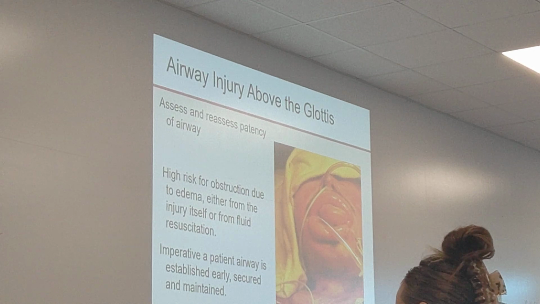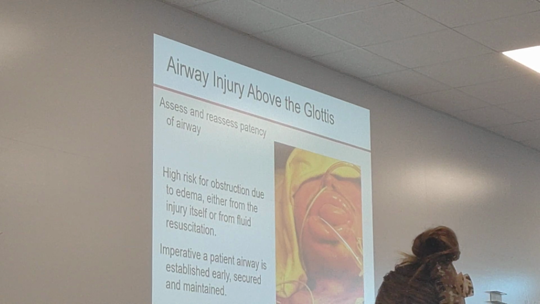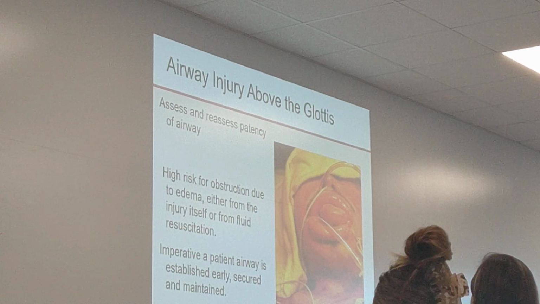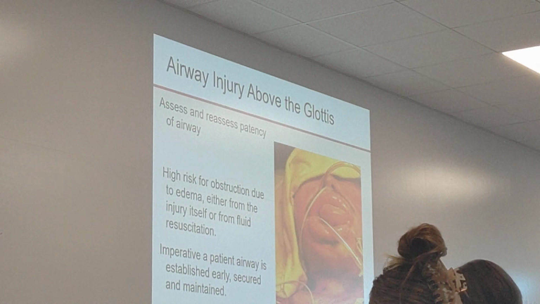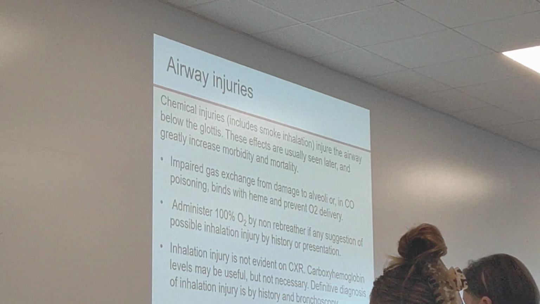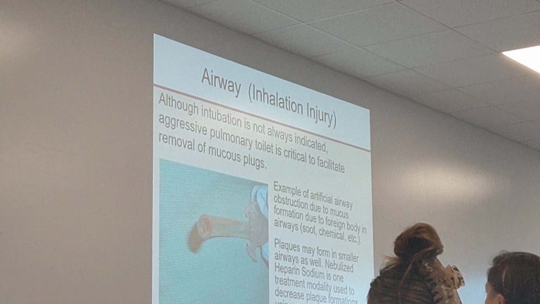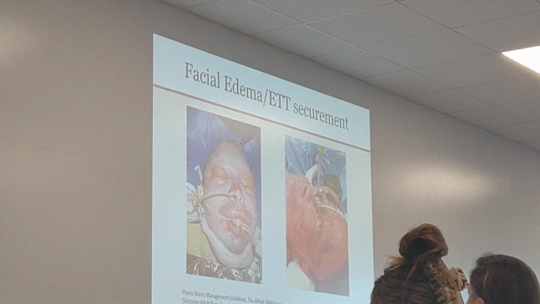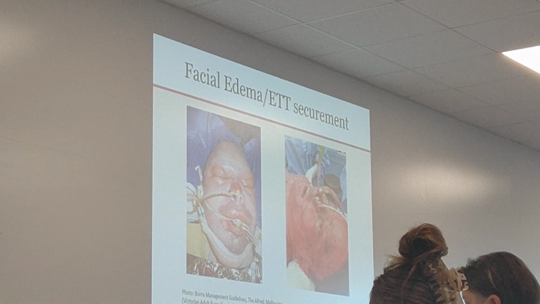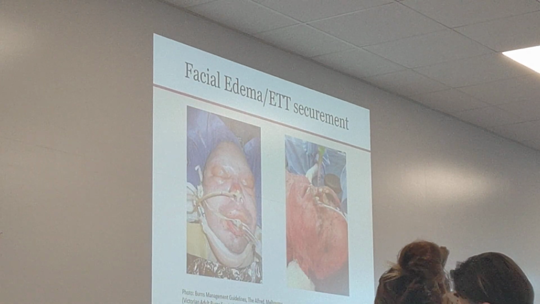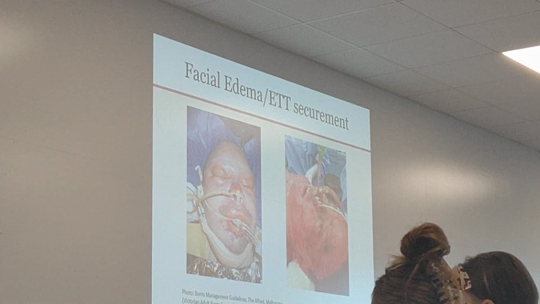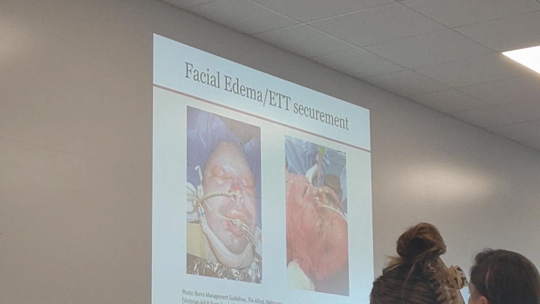So sometimes if they can't get a tube down their throat, then they're going to have to give them a trach temporarily. Like I said, it's kind of higher level for all of these. See the facial edema, super swollen.